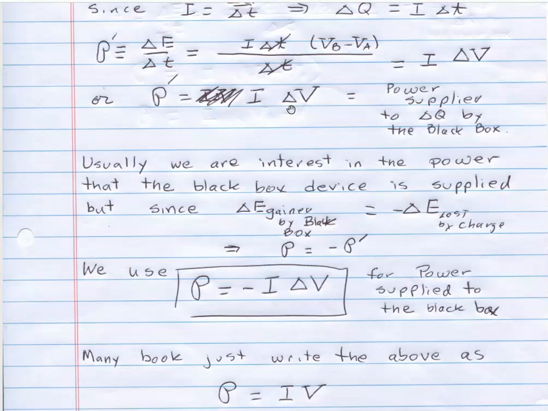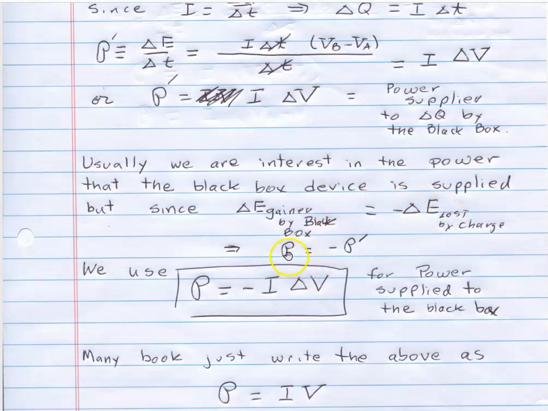But by conservation of energy, whatever energy is lost by the charge has to be gained by the black box. So whatever's in the black box will get this amount of energy, delta E, which has to be the negative of whatever was gained or lost by the charge.